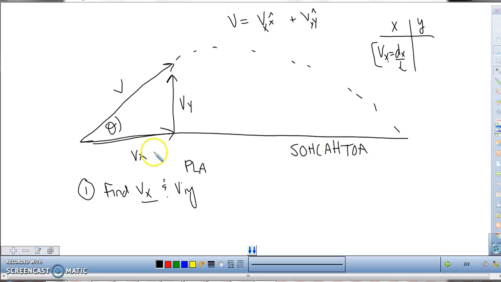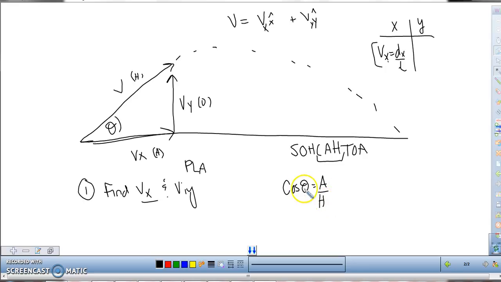Using SOHCAHTOA, this is the adjacent, this is the opposite, and this is the hypotenuse. To find the Vx part here, notice that's an adjacent. So that's the CAH of SOHCAHTOA. That says cosine of the angle is going to equal the adjacent over the hypotenuse.